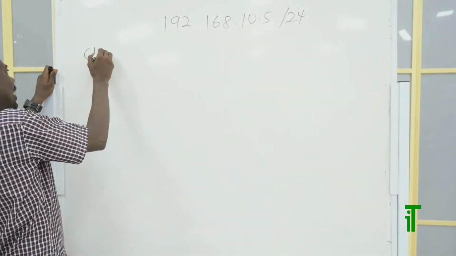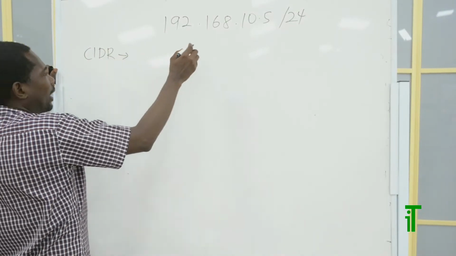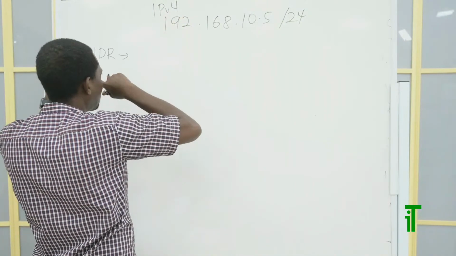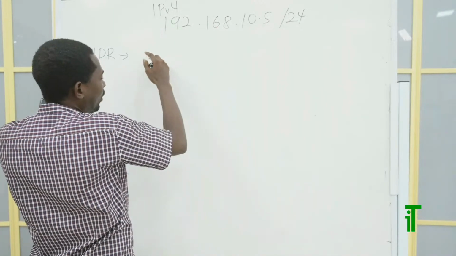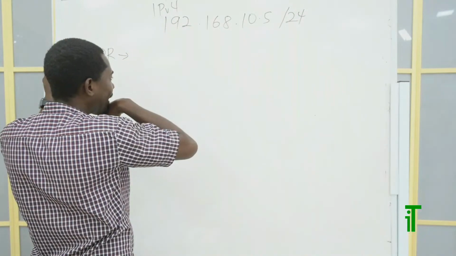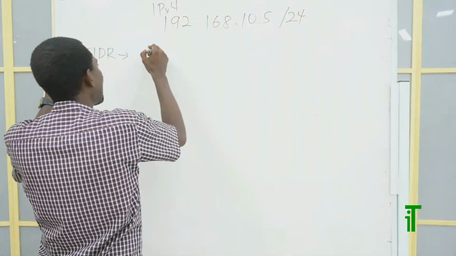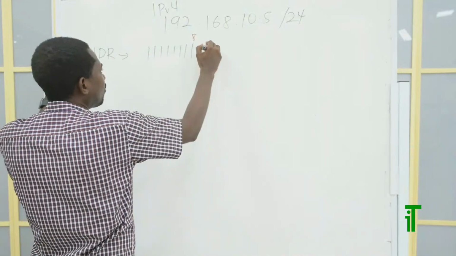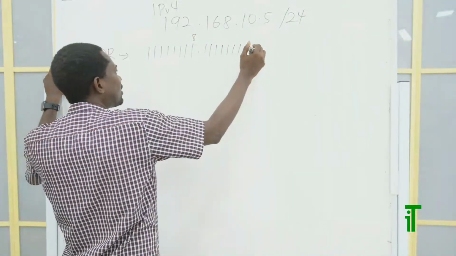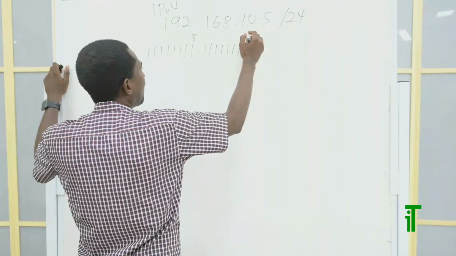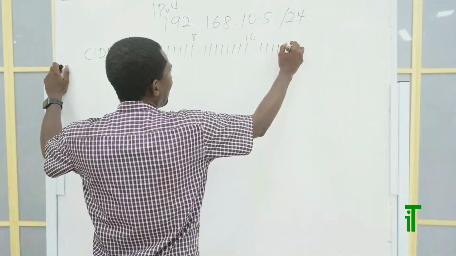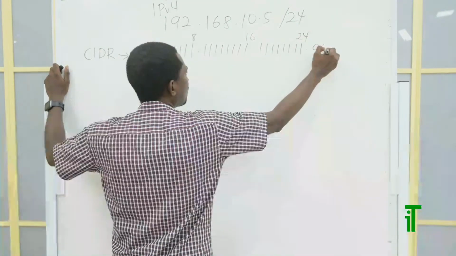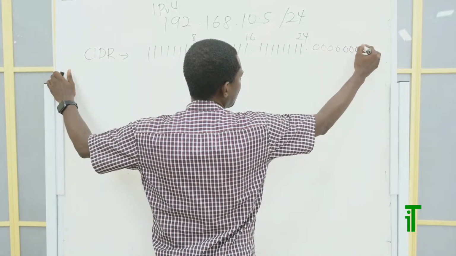When we write down the CIDR, we'll have this IPv4 address. So we have 4 octets when we convert the IP address into binary. So with the 24, we count 1, 2, 3, 4, 5, 6, 7, 8, three times, and then 0, 0, 0, 0, 0, 0, 0, 0.